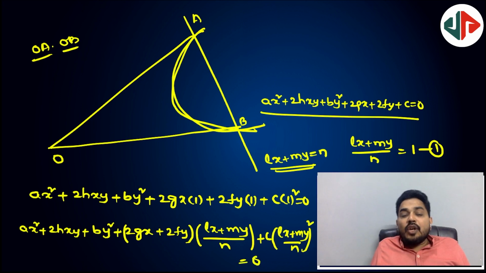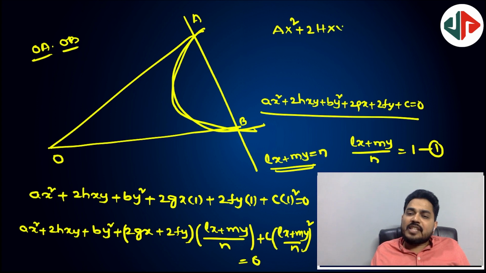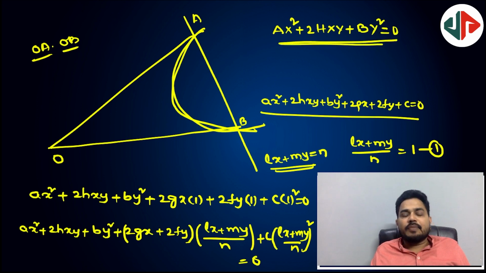This is called homogenization. And this equation reduces to the form ax square plus 2hxy plus by square is equal to 0. This is called homogenization.